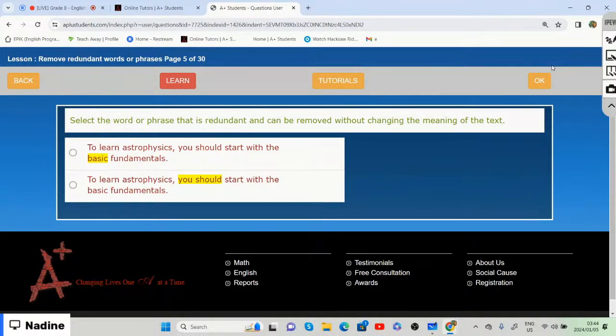So the word that is redundant to fundamental. So to learn astrophysics, you should start with the basic fundamental.